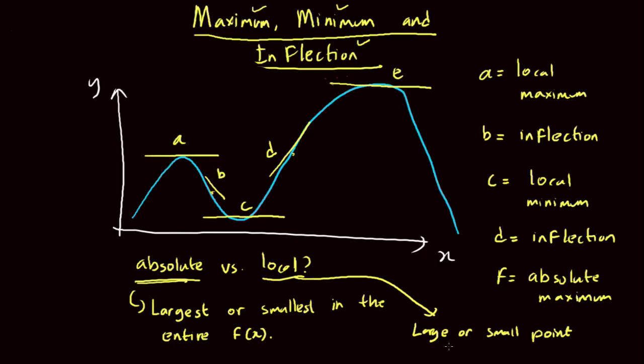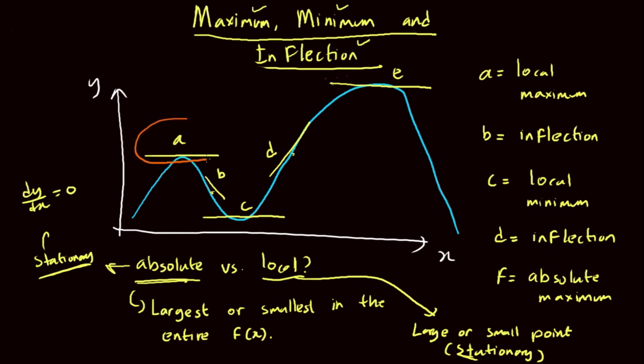And of course, there are stationary points too. Local points are stationary points, and absolute points are also stationary. What do we mean by stationary points? It just means that your dy over dx is equal to 0, and that's why you end up having a flat tangential line, meaning the gradient of the tangent line is 0.